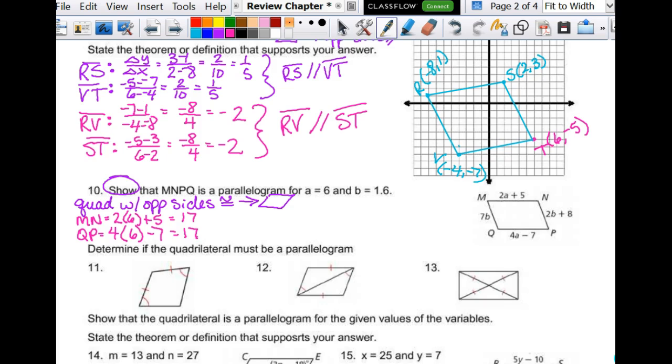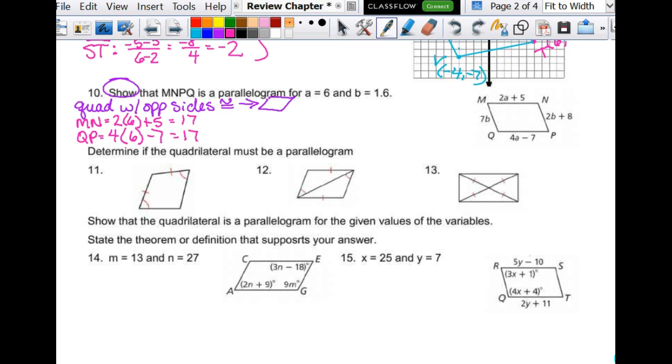So we've shown that they both have the same measure, which means I can now say the length of MN equals the length of QP, and that is the substitution property of equality. And then I can say line segment MN is congruent to line segment QP, and that's the definition of congruent segments.